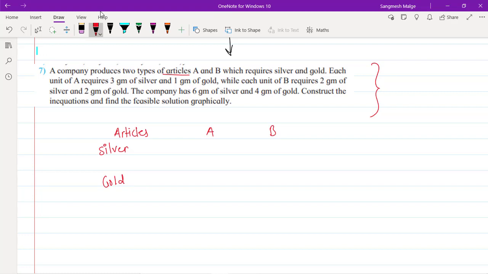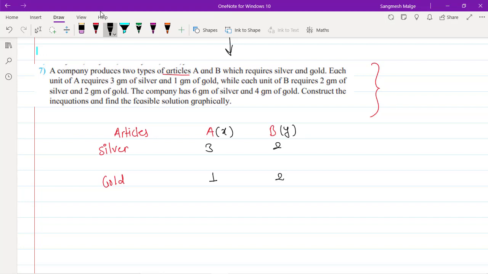A unit of A requires 3 gram of silver. Okay, so let's write down here x and here y. A requires 3 gram of silver and 1 gram of gold. A requires 3 silver and 1 gold, whereas the unit B requires 2 gram of silver and 2 gram of gold.